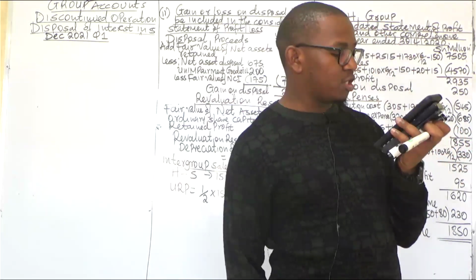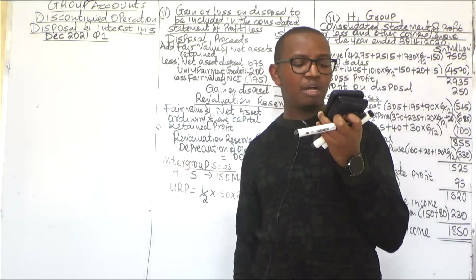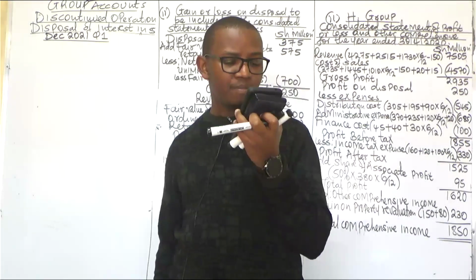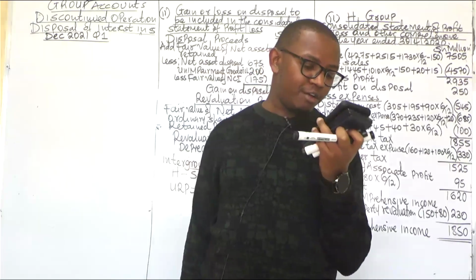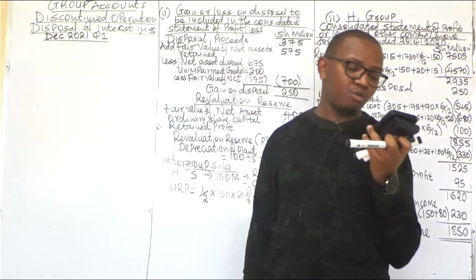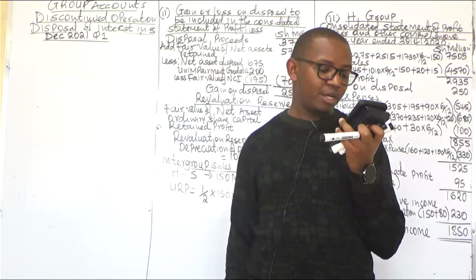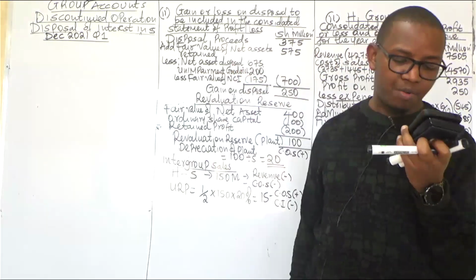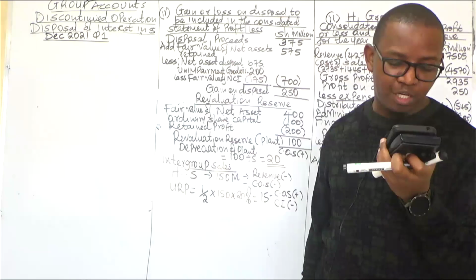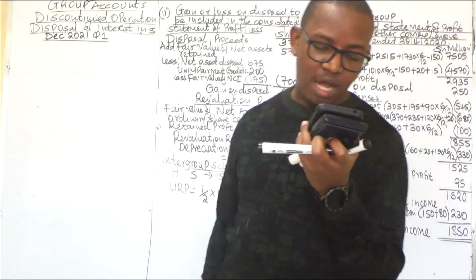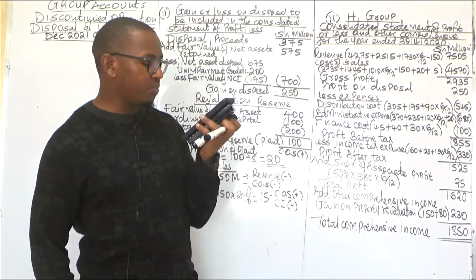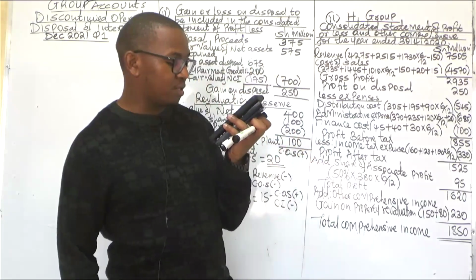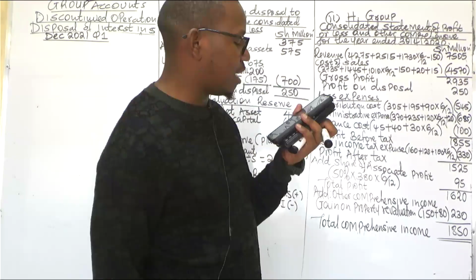Pareto Limited disposed 60% of its investment in DAFU Limited on 1st of April 2021 for 4,700. When the fair value of the identifiable assets of DAFU Limited was 6250, the value of the remaining 40% equity was 43 at disposal. Pareto Limited has not accounted for the disposal. None of the companies had issued any shares since Pareto Limited acquired its shareholding, and neither goodwill on acquisition of subsidiary nor the investment in associate had been impaired.